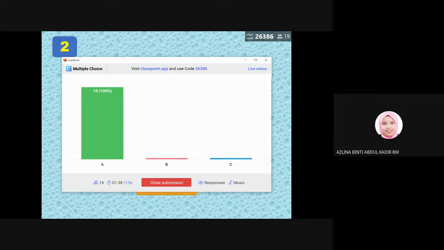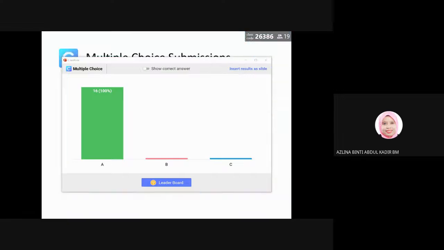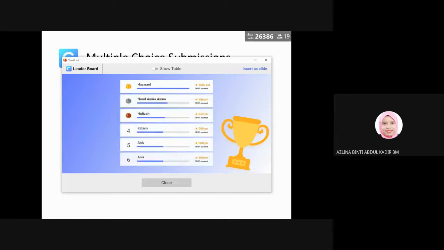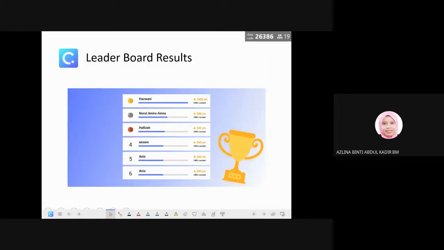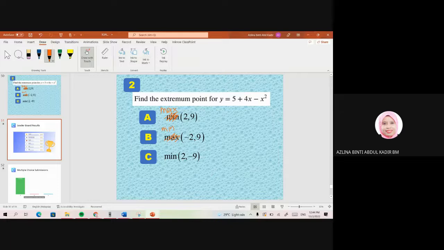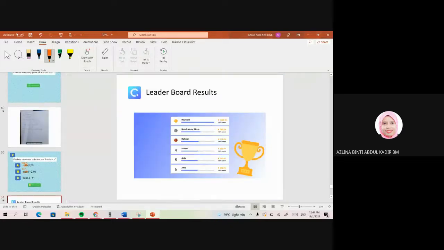Majoriti dah hantar. Tengok leaderboard. Okay. Dah cukup lah ya untuk 2 soalan. Okay. Nah, mari kita tengok soalan. 2 soalan sahaja.